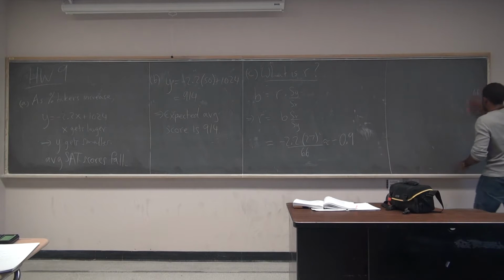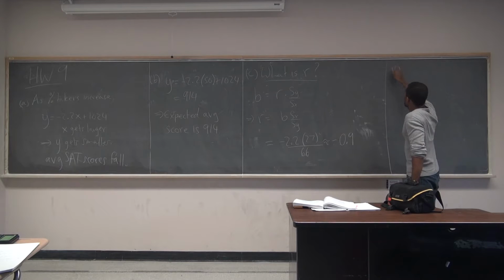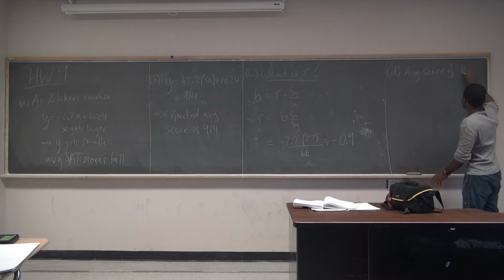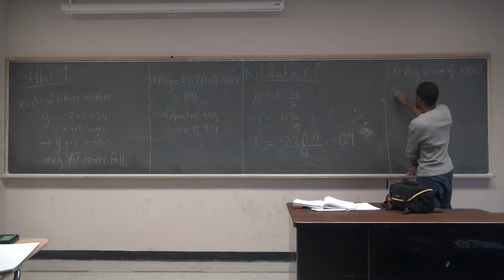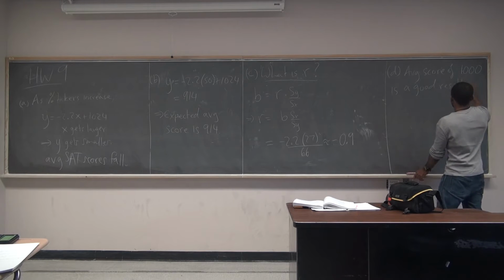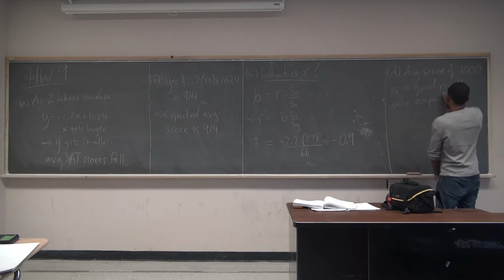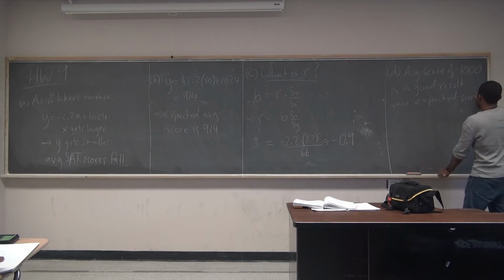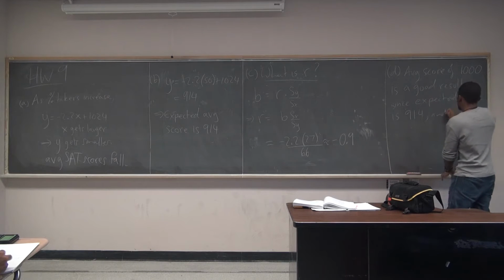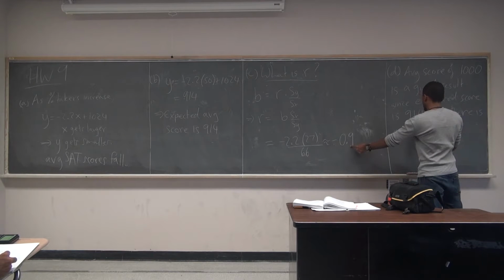So the average score of 1,000 is a good result, since the expected score is 914, and there's a very strong correlation.